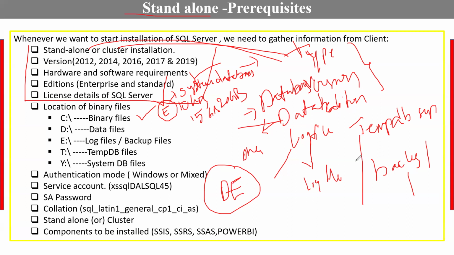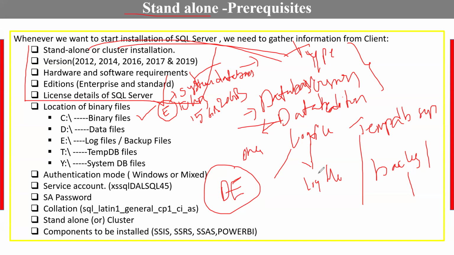If you are not following this, in most installations we keep the data files, log files, TempDB, everything in a single drive, and we expect good performance, sir. SQL Server will give good performance only if you configure it well. If you configure it the best way, SQL Server will give the best performance.